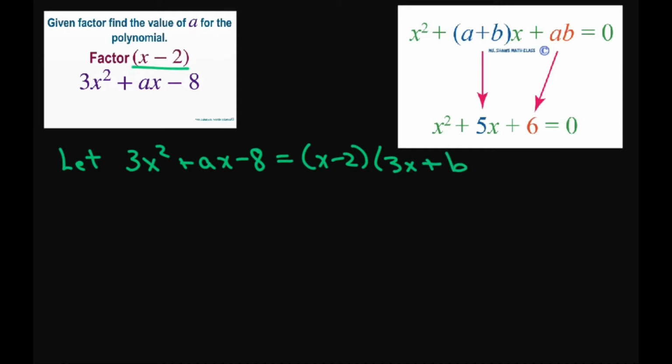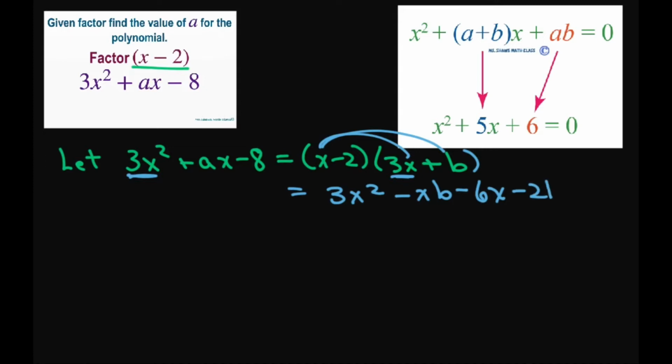The reason I picked 3x plus b is because when we FOIL this out, this gives me 3x squared when you multiply this. That's why I wanted to set that up that way. And then when we FOIL all this out, we get minus xb, and then minus 6x, and then minus 2b.